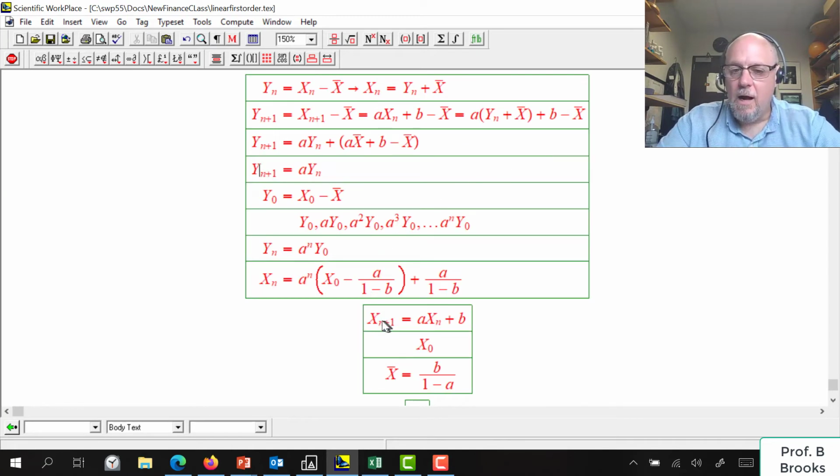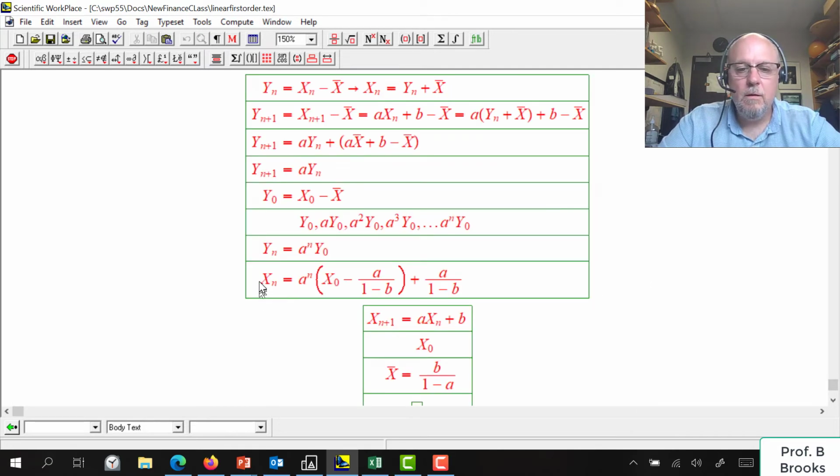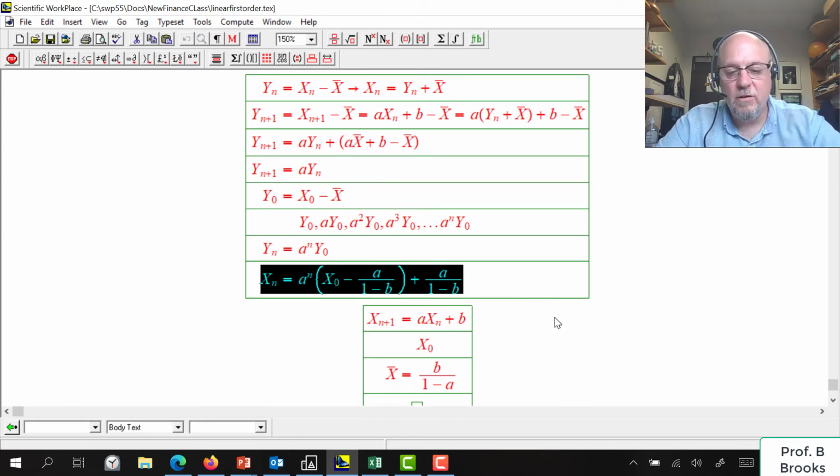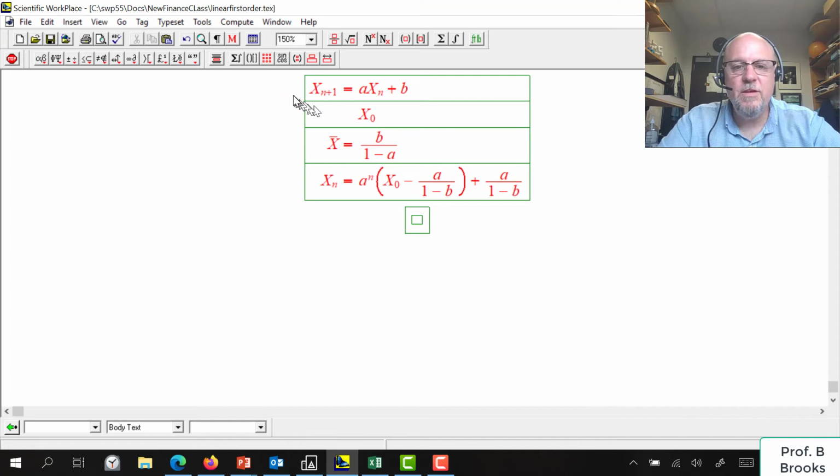If I have a first order linear difference equation, I have an x naught value, I have an equilibrium value, then the solution to that is a to the n, all times x naught minus the equilibrium value, plus the equilibrium value. So that box is the summary of all the formulas that we've built for anything that satisfies a first order linear difference equation.